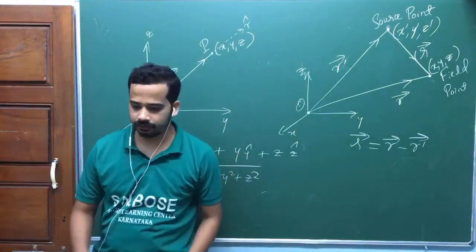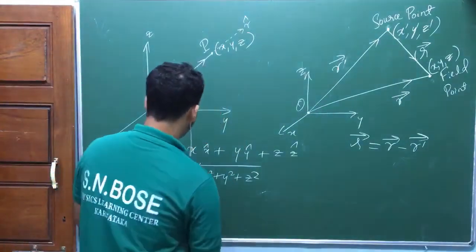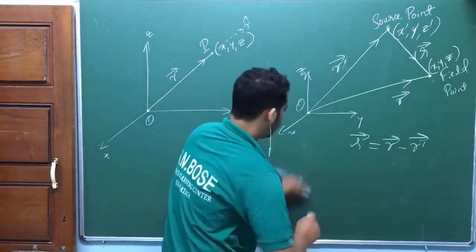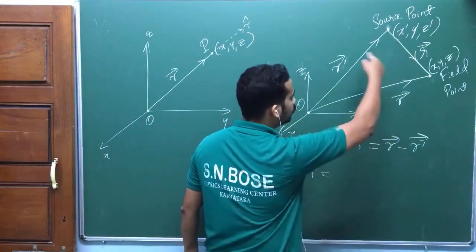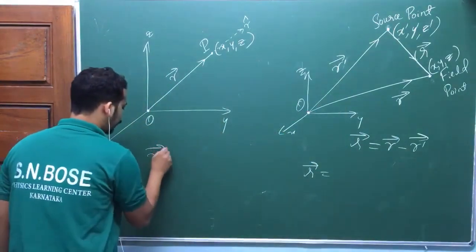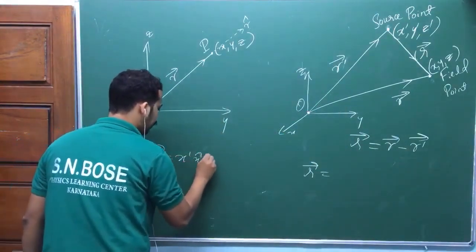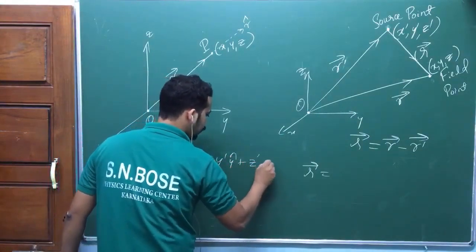So these are the notations we are going to use. Now can you find R cap? Many times you may need to define it. R prime vector is equal to X prime into X cap plus Y prime into Y cap plus Z prime into Z cap.